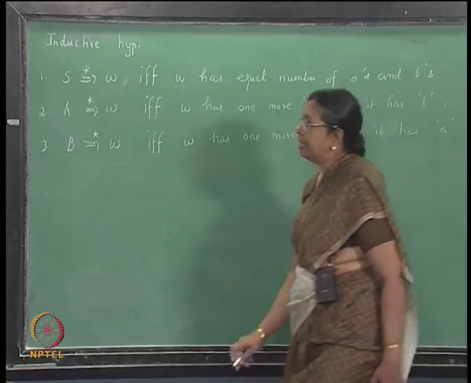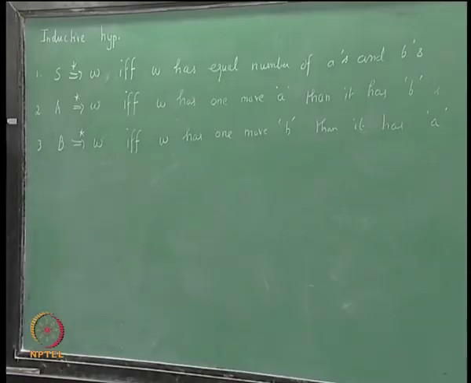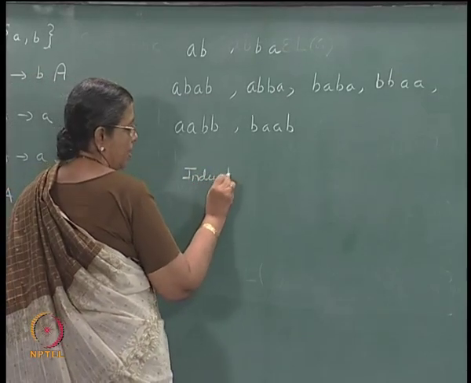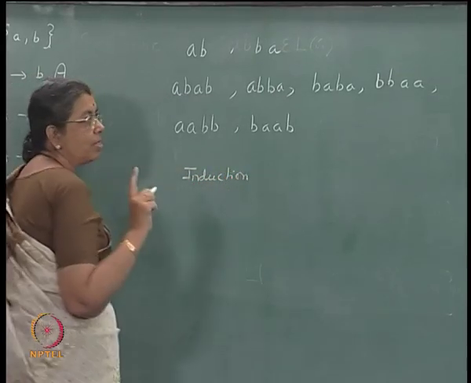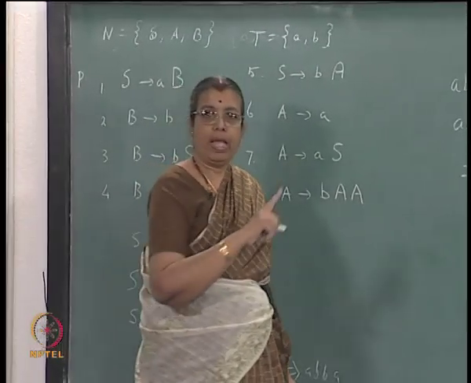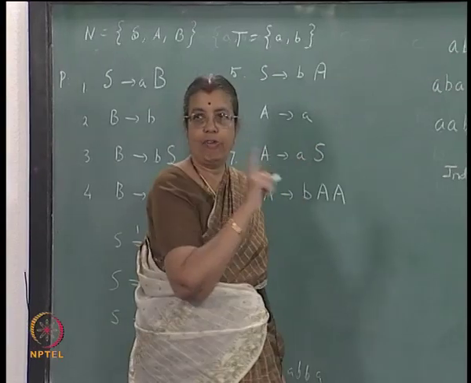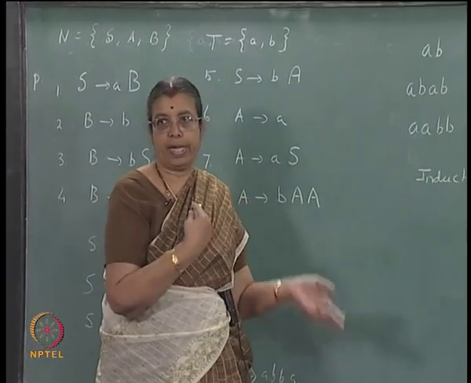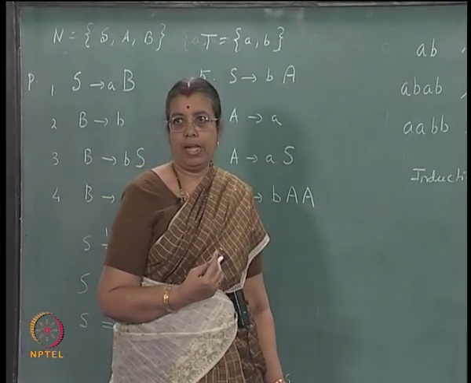So, taking the basis class, induction is on the length of the string. Induction, you must note that there are two things. If every statement has if and only if, so you have to prove in both directions, right.